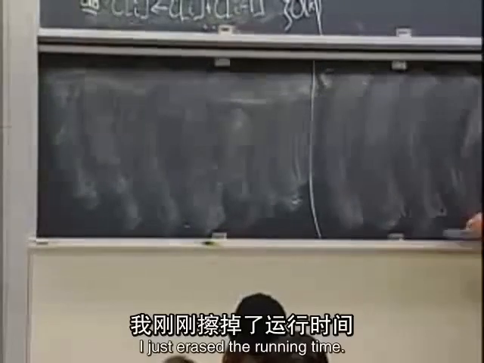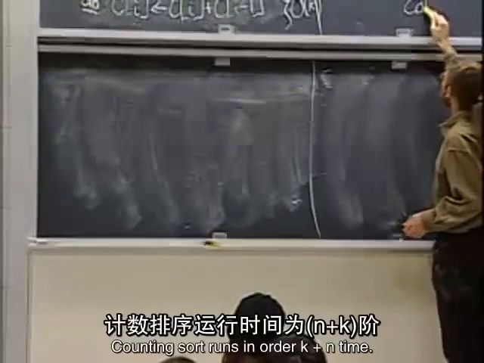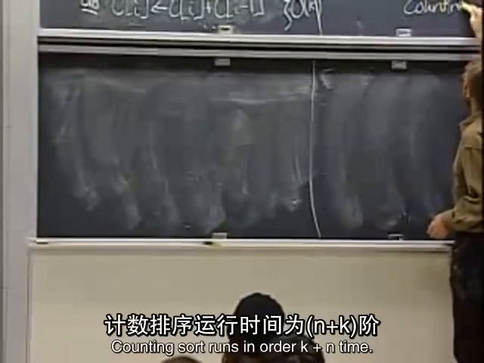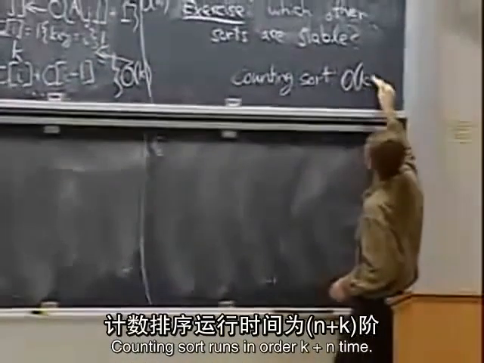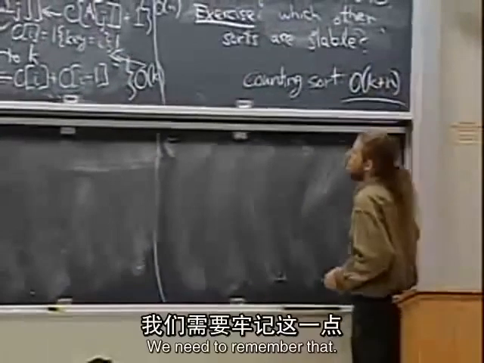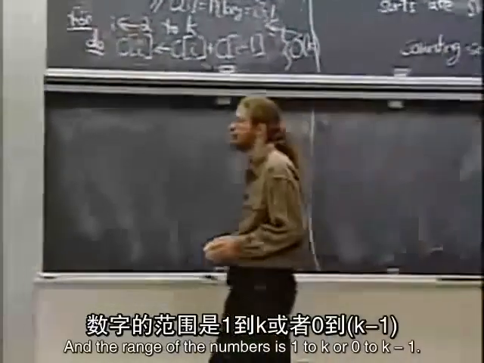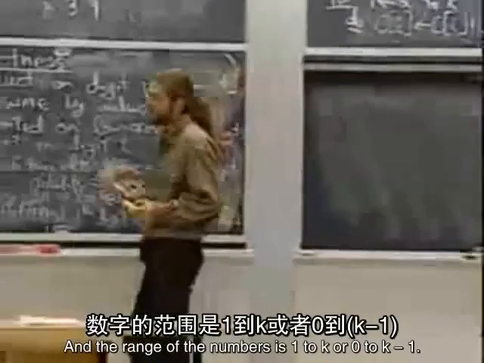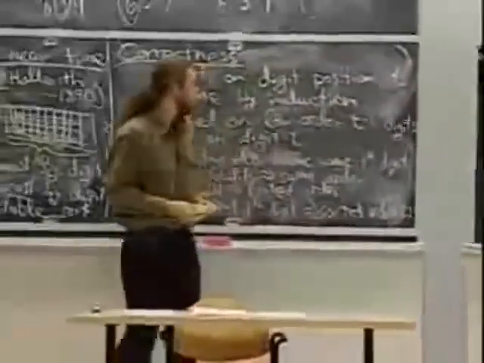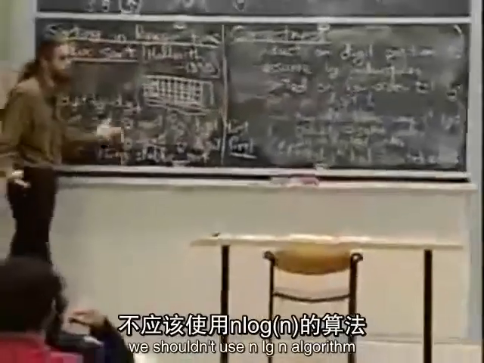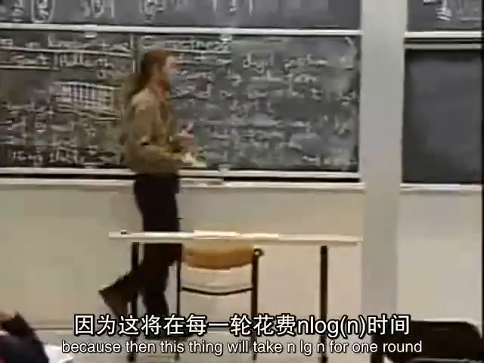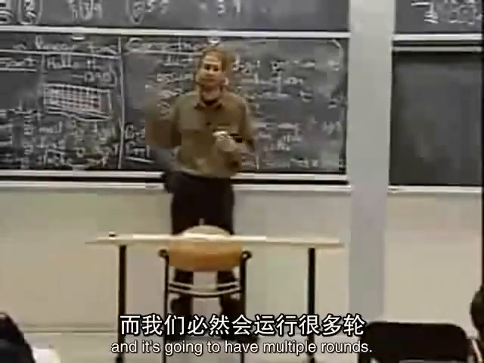Okay, I just erased the running time. Counting sort runs in order k plus n time. So we need to remember that. And the range of the numbers is 1 to k, or 0 to k minus 1. So when we sort by a particular digit, we shouldn't use an n log n algorithm, because then this will take n log n for one round, and it's going to have multiple rounds.